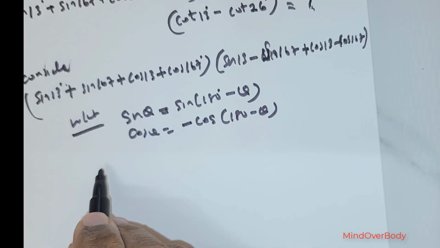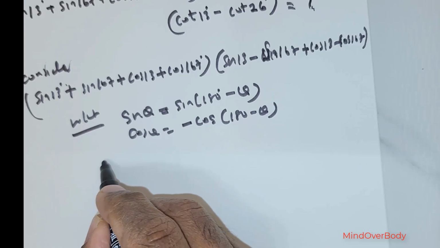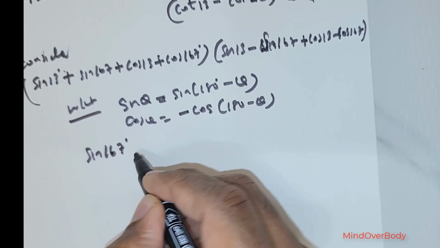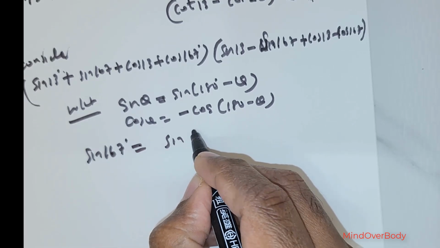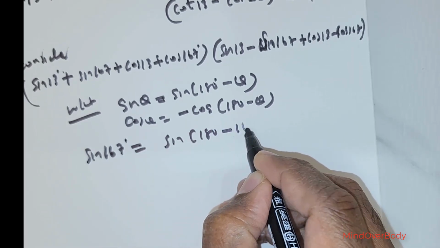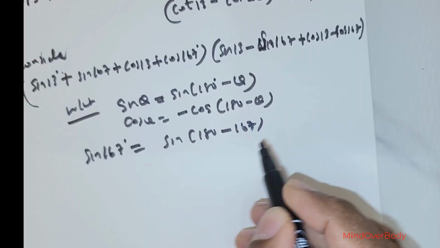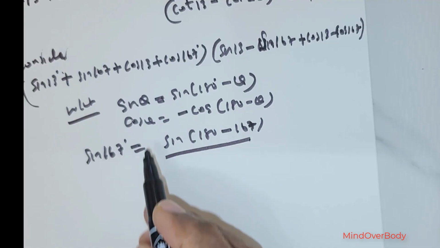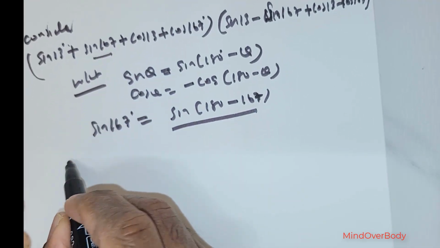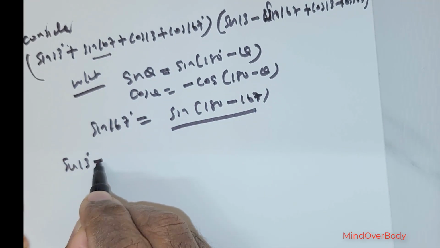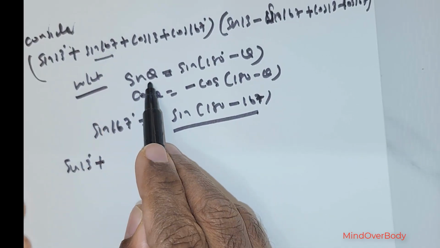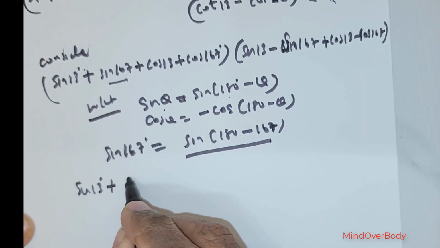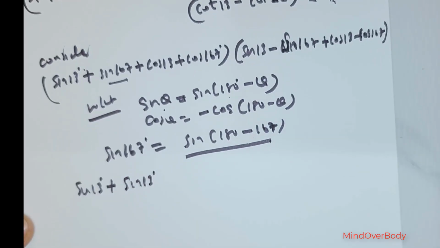Using this relationship, I'm going to rewrite sin 167 as sin of (180 − 167), which gives me sin 13.